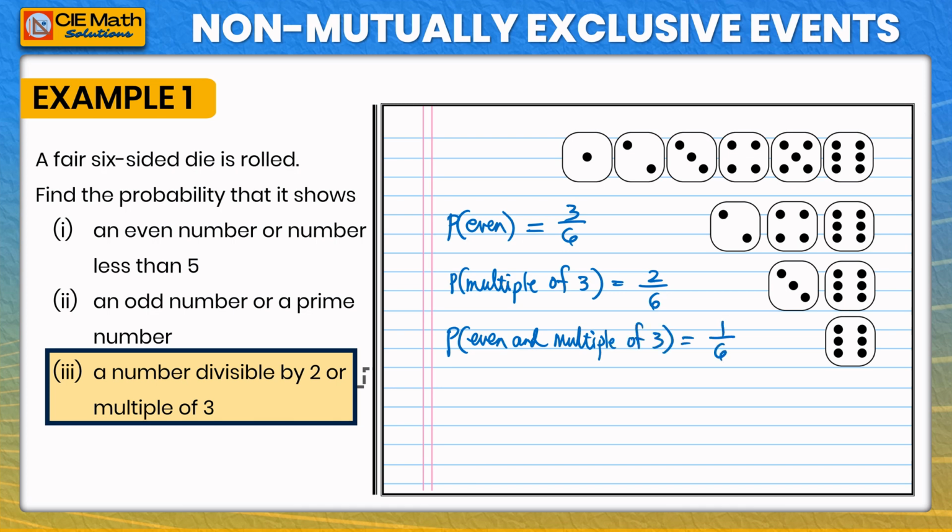So if we are finding the probability of an even or a multiple of 3, we have 3 over 6, which is the probability of even, plus 2 over 6, which is the probability of a multiple of 3, minus 1 over 6, which is the common between them, an even number and at the same time a multiple of 3. This will be 3 plus 2 is 5, minus 1, that is 4 over 6 or 2 over 3.